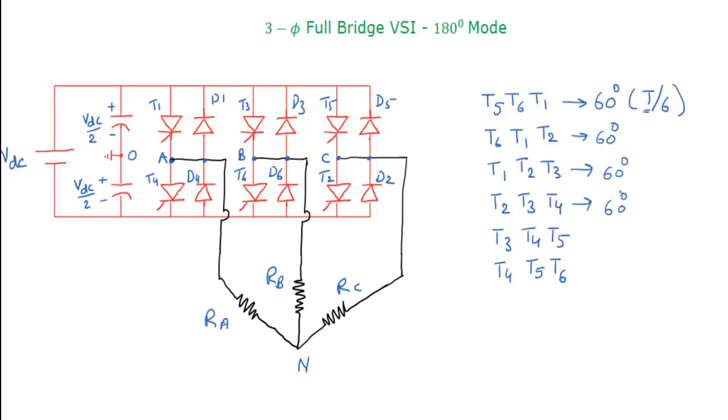It will cover a total of 360 degrees. That means to get one output cycle, we need all 6 combinations. Each combination will be in conduction for T by 6 seconds, and that's why we cover one time period. That means 60 degrees each, nothing but 360 degrees.